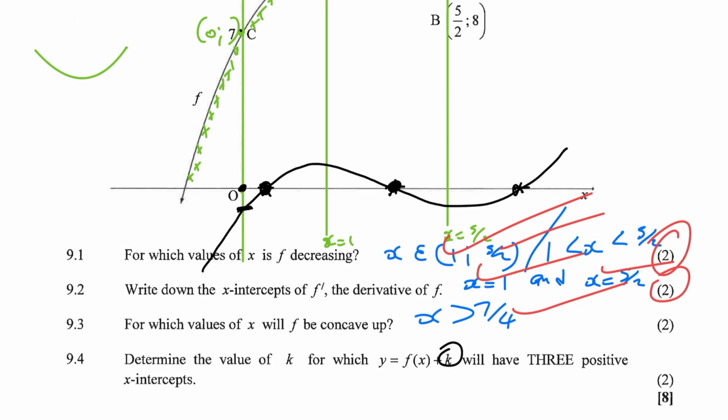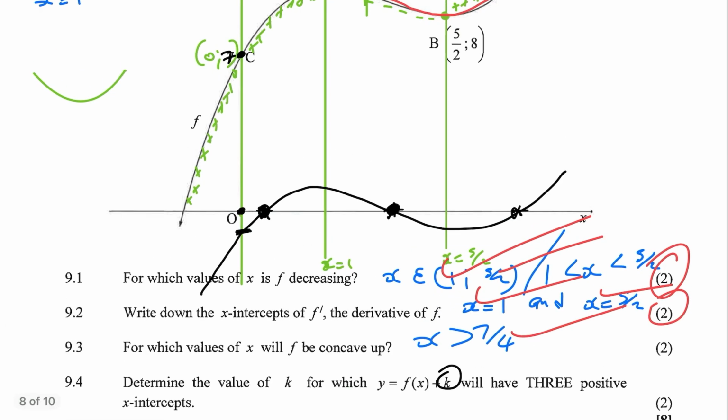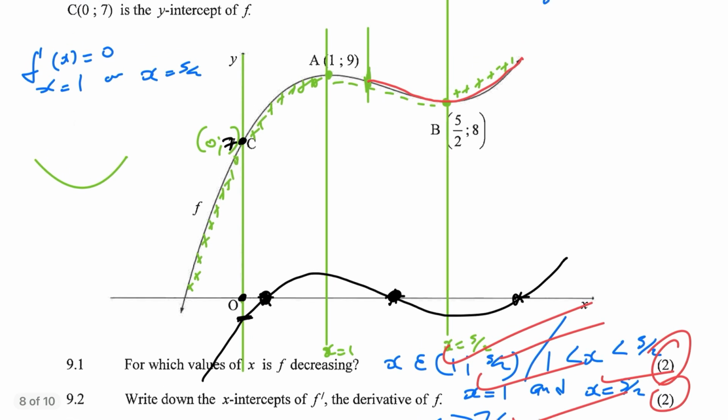Remember, this value here is 7. If our function is y equals f of x minus 7, this function would go like this. This will be 0, and 9 minus 7 is 2.